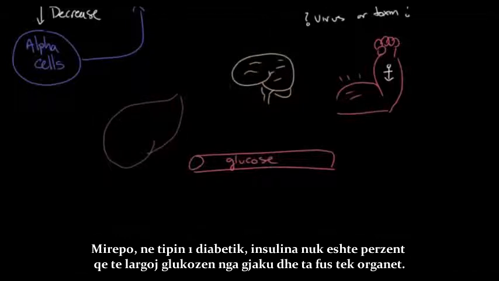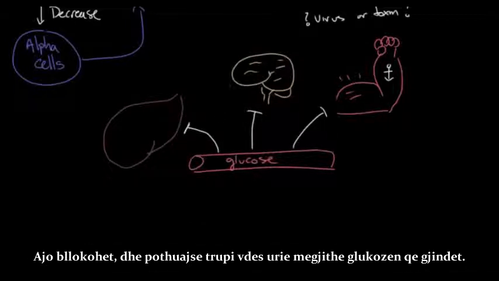But unfortunately, in type 1 diabetes, the insulin isn't present to take the glucose out of the blood and help it get to these organs. It gets blocked, almost like the body is starving despite having all of this glucose.